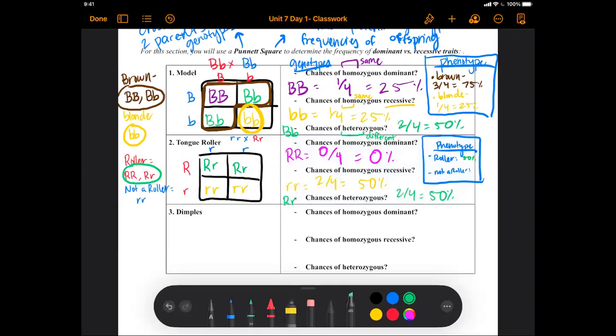Since 50% is heterozygous dominant, then they would be able to roll their tongue. But then since 50% is just homozygous recessive, I think, then they won't be able to roll their tongue. Perfect. You're exactly right. Great job.